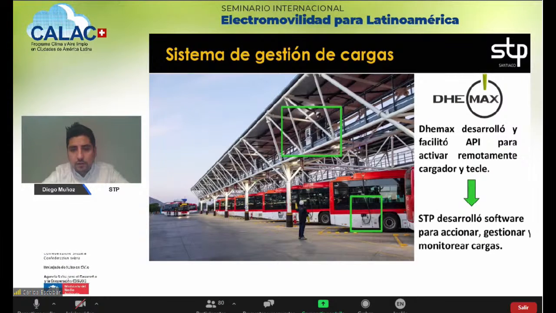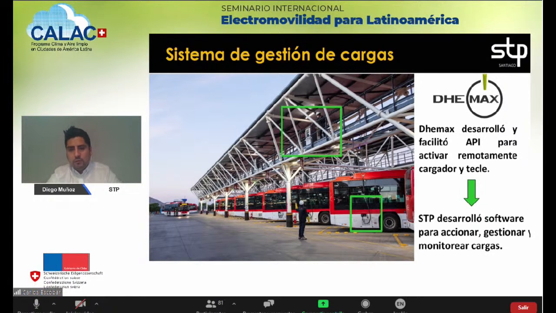So we can see the SOC and why it is important for the charge management systems. Here we can see the chargers on the second floor and underneath you have the hose of the bus, which you can see in the green boxes. So here we have the main problem: how do you lower the hose?